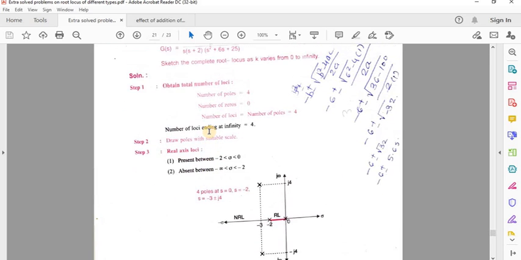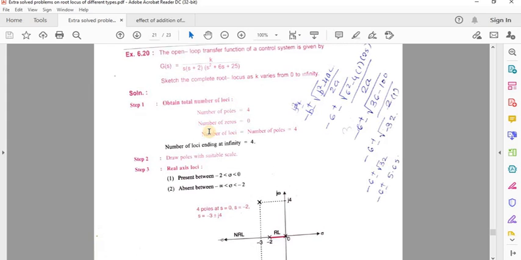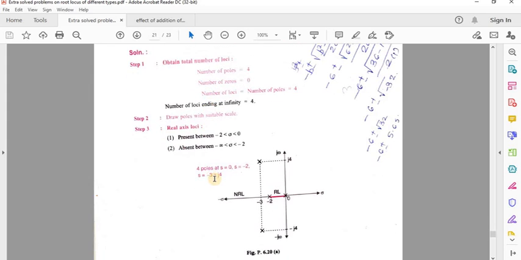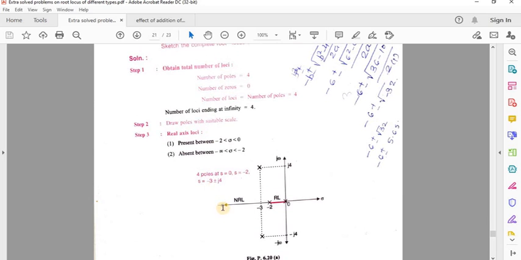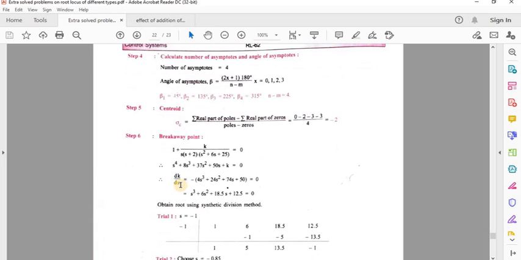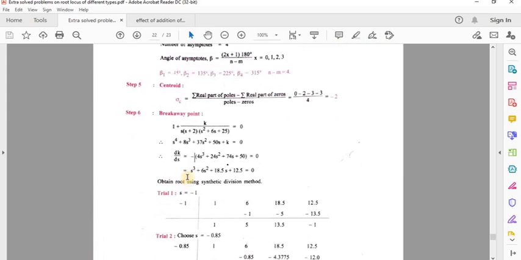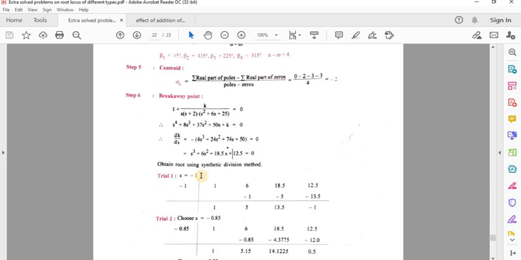I'll show you. Sorry, there are two poles on the complex axis. Finding the breakaway point is quite simple. This is the equation. By using synthetic division, you can find the breakaway point.